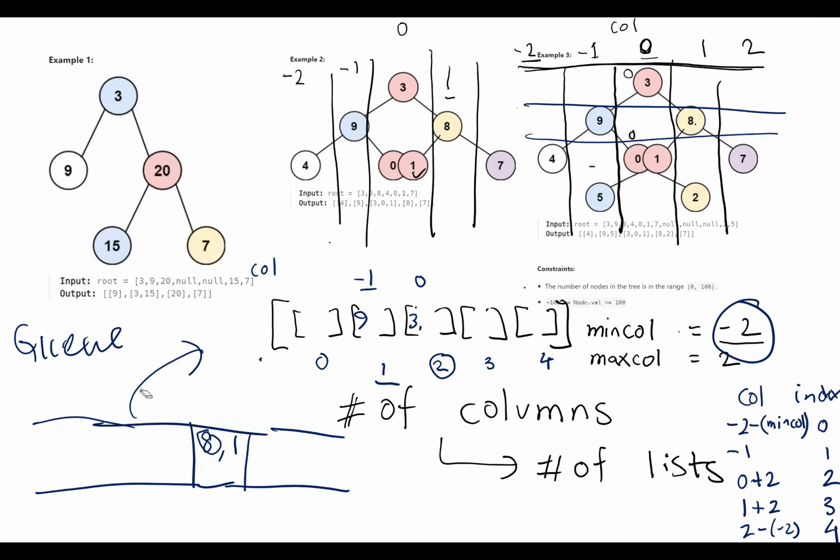And then if I take this out, the column is 1 and the index is going to be 3, right? So this is going to be 8, right? So this way I'm populating.